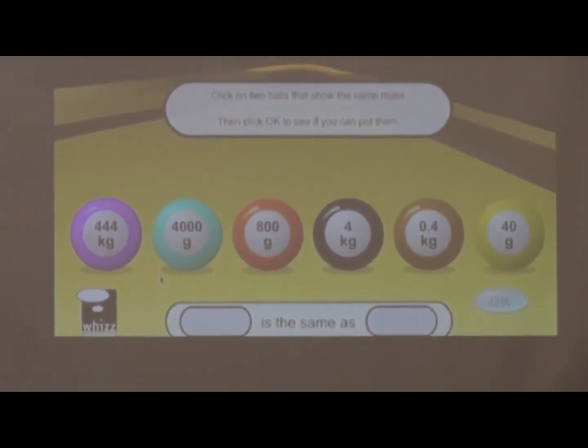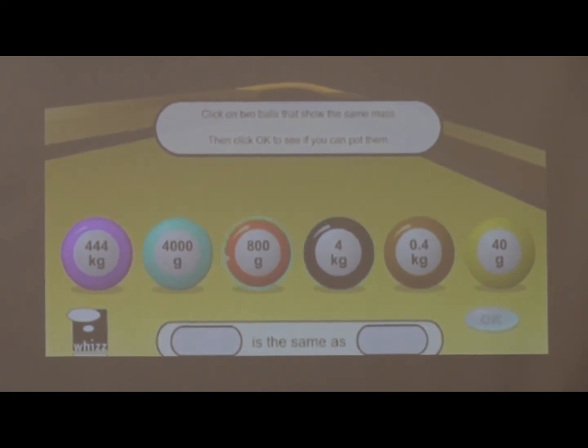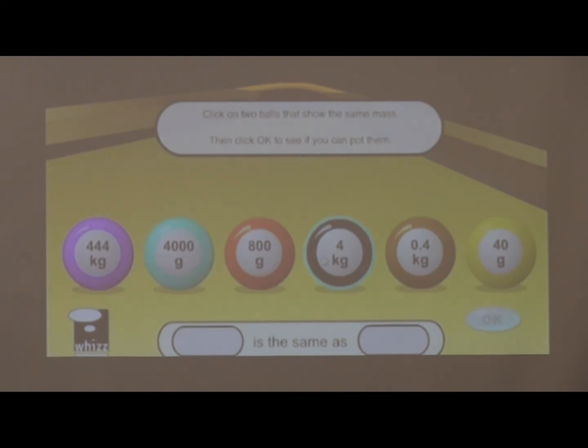I don't know, because I think it's that one and that one, but I don't know what to say. I know that 0.4 kg isn't the same as 40 grams, and I know it's not the same as 4,000 grams, 444 kg, and 800 grams.